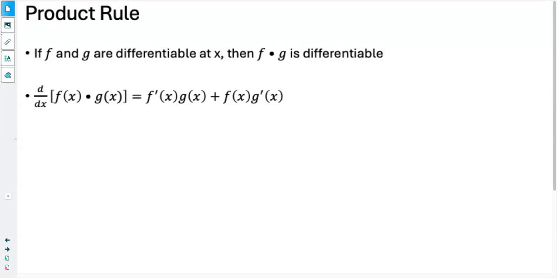And we get this rule: the derivative of f of x times g of x is equal to the derivative of f of x times our original function g of x, plus our original function f of x times the derivative of g of x. So now that we've looked at this, we'll put it into practice with some example questions.